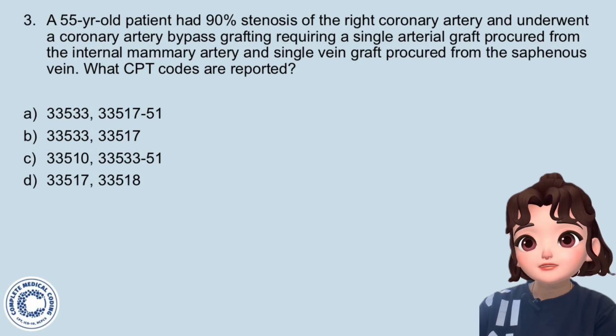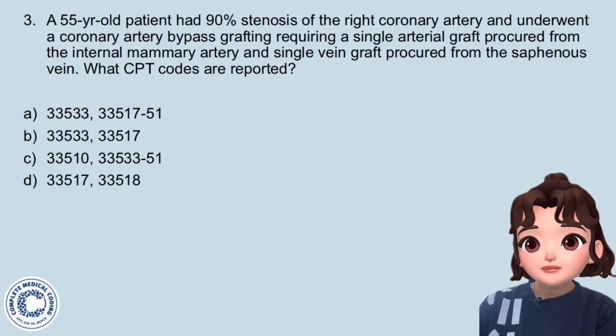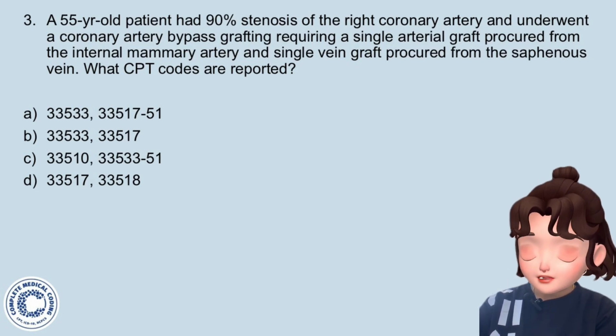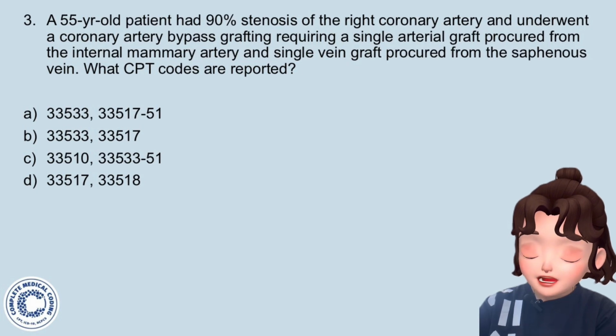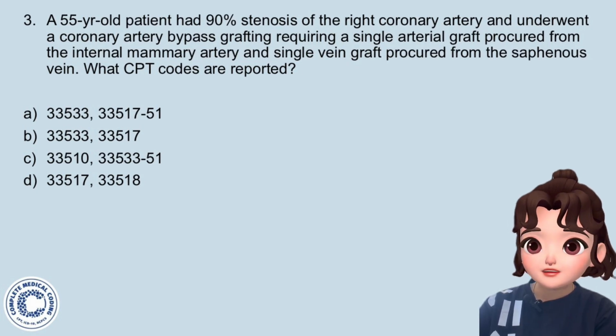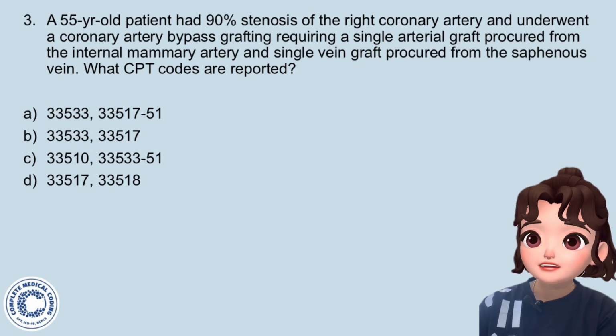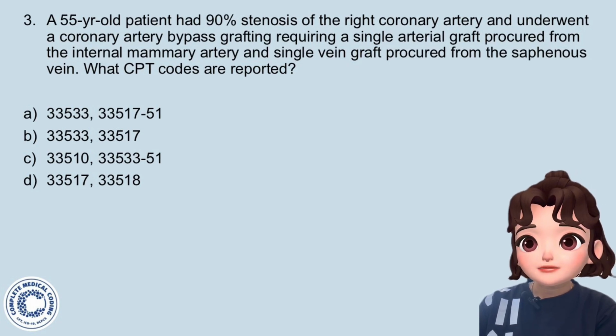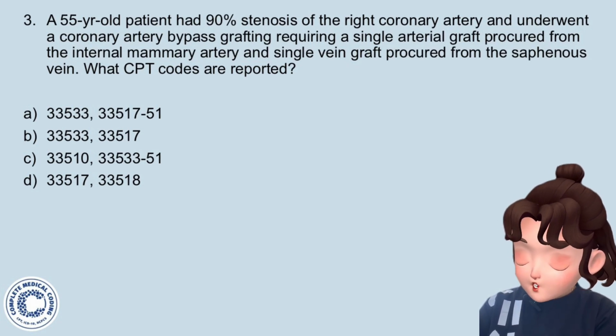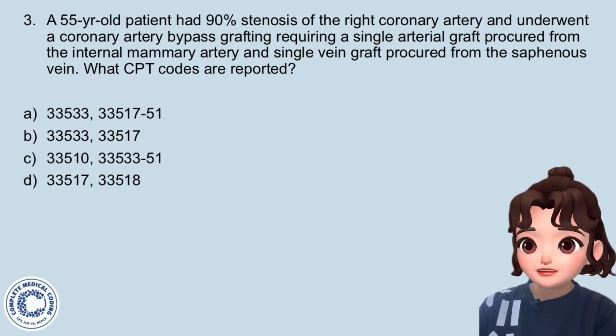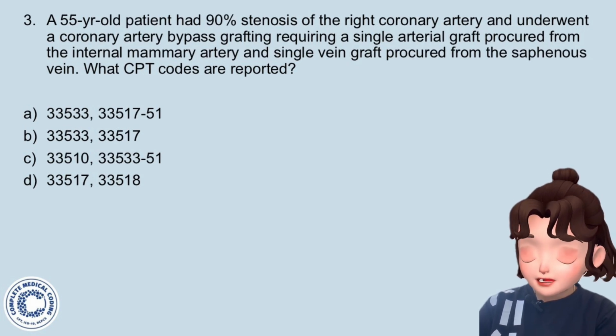You can see in the other options, 33510 is there. What is 33510? Coronary artery bypass, vein only, single coronary venous graft. That's the wrong code, not vein only; this is artery. Now what is 33518? Two venous grafts. That is also incorrect. Here it's only the saphenous vein, one vein.